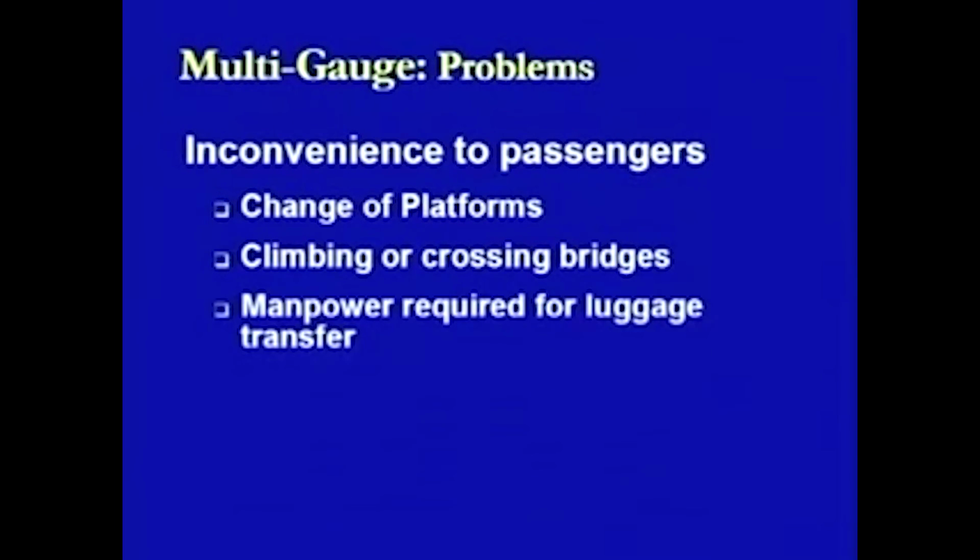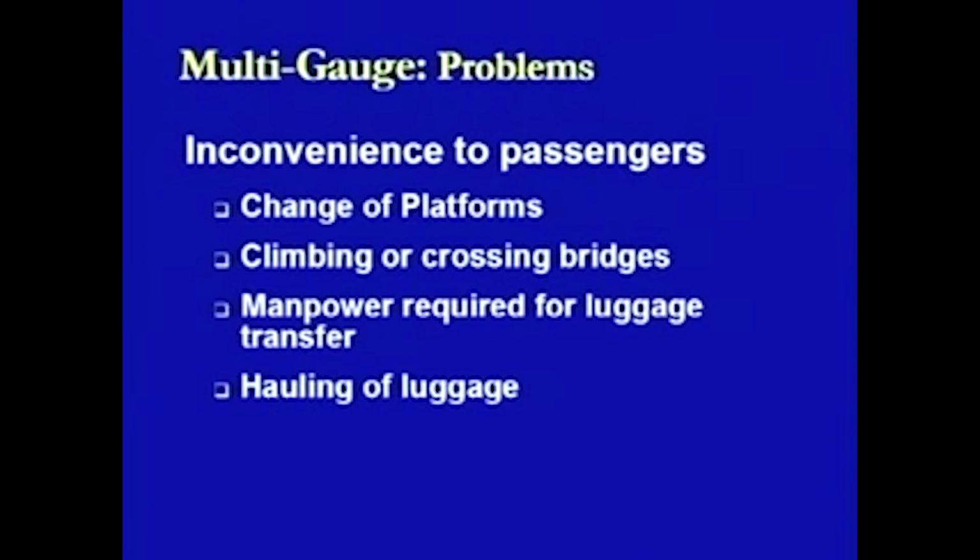So you have to carry all the luggage with yourself, or you have to look for some manpower who can take all your luggage so that you can move to the other gauge or platform. So these are all types of inconveniences which will be there for any passenger when this type of changeover or transfer needs to be made.